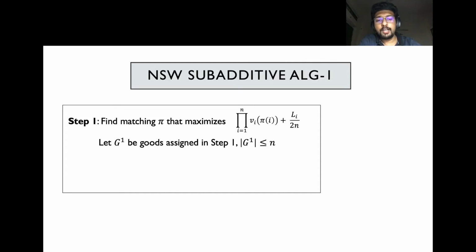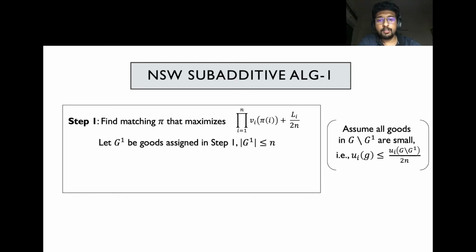Consider the algorithm for the subadditive Nash social welfare problem. The first step is to find a matching pi that maximizes the product of the modified weights. Let us use G1 to denote the goods assigned in the matching step. Now assume that all the goods that remain after the matching are small.